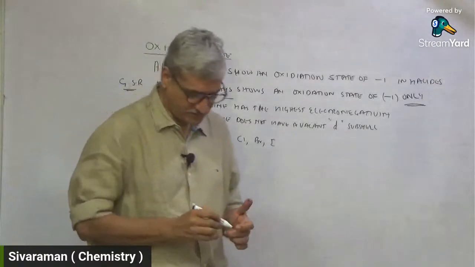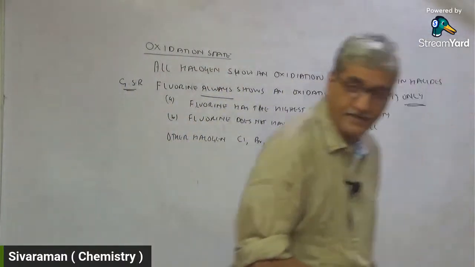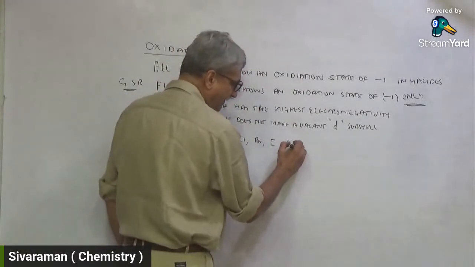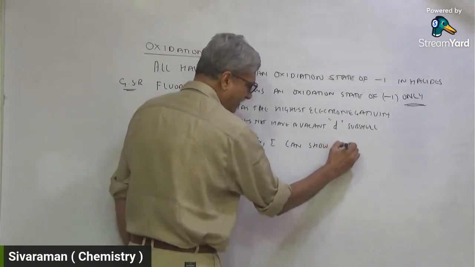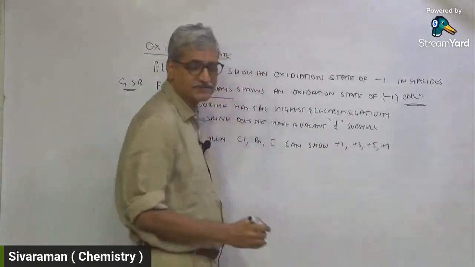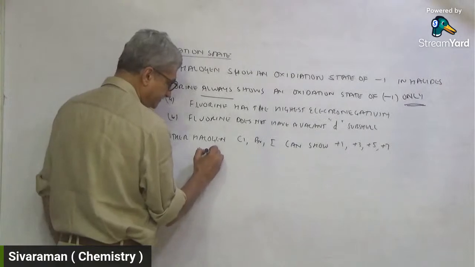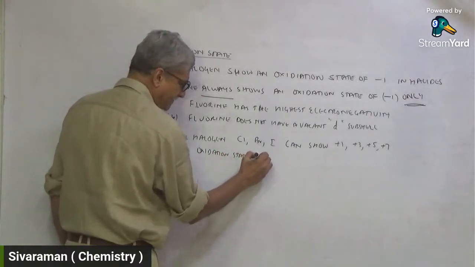The other halogens, chlorine, bromine, iodine, can show +1, +3, +5, +7 oxidation states.